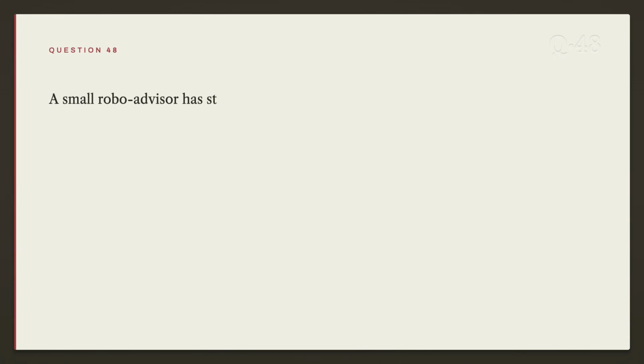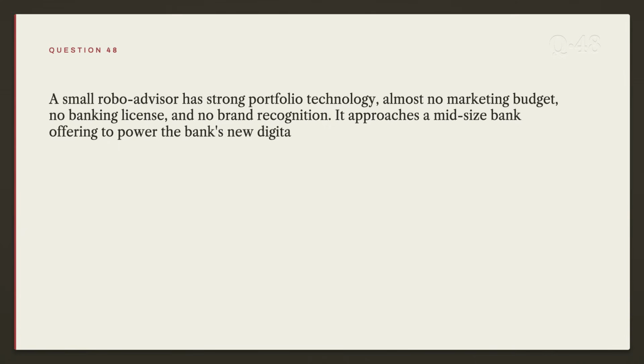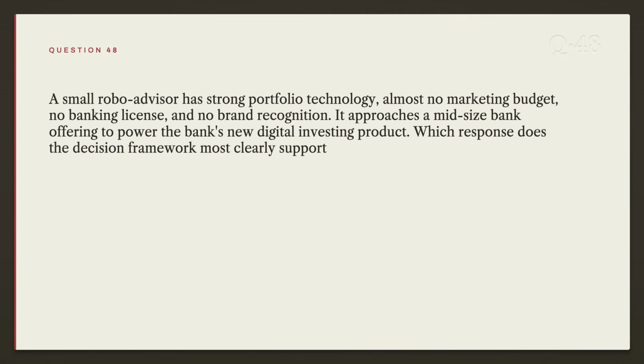Question 48. A small robo-advisor has strong portfolio technology, almost no marketing budget, no banking license, and no brand recognition. It approaches a mid-sized bank, offering to power the bank's new digital investing product. Which response does the decision framework most clearly support? Your options are A. Compete by building an equivalent platform in-house from scratch.